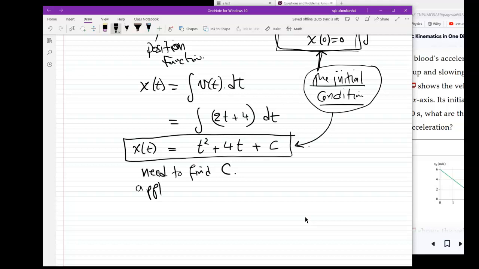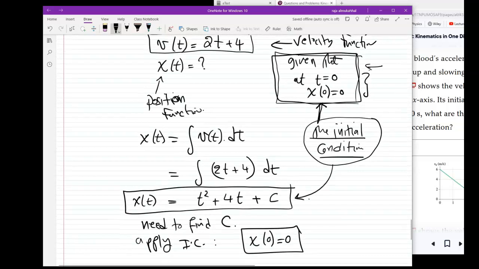Apply the initial conditions. What is it? It says x of 0 equals 0. That's the initial condition. It's right there, given to us. Remember, this 0 right here is the time.